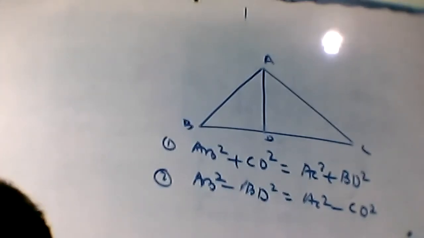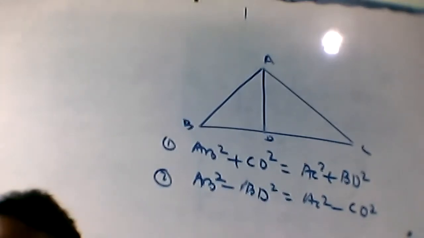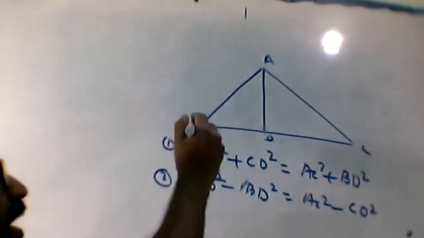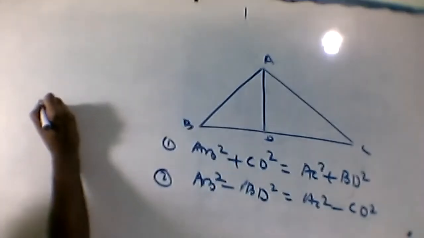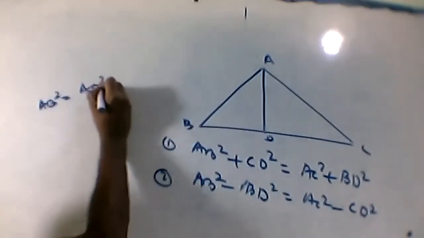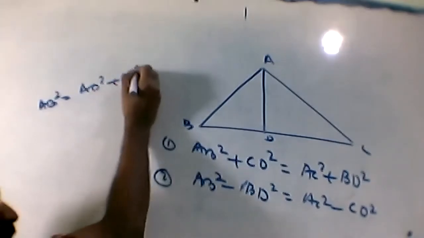ADB, AB square. Yeah, from the first part, it's just rearrangement. Look, AB square equals AD square plus BD square.